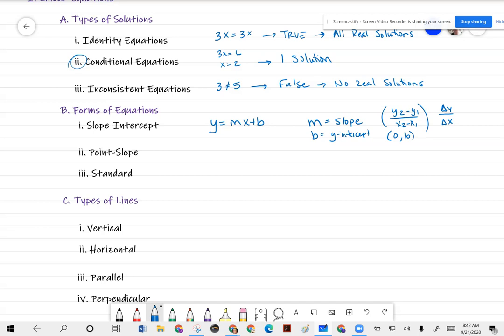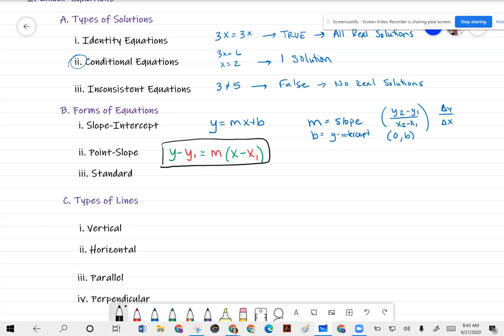Now let's take a look at point slope. Point slope is written a couple of different ways depending on which text you use, so it's very important that you pay attention to the way that we are calculating this. This is the traditional way of point slope form.